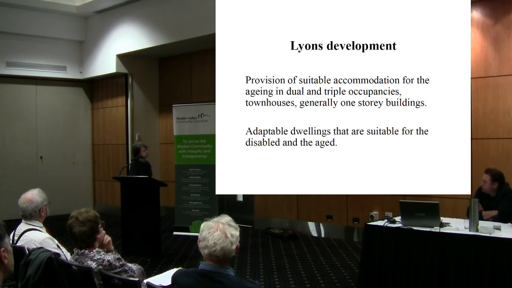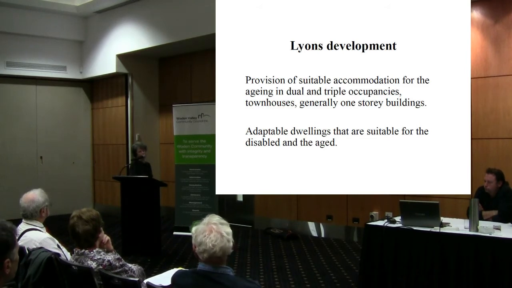There is an Australian standard for adaptable dwellings, and that requires that an adaptable dwelling be easily adaptable to a disabled or aged person, meaning that all the facilities that are essential are located on the ground floor.